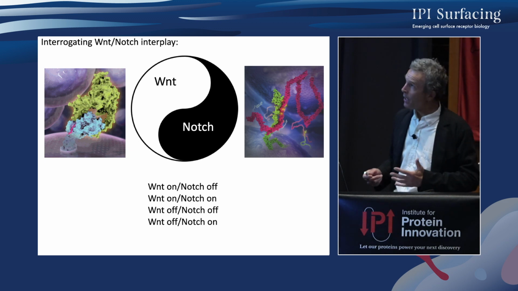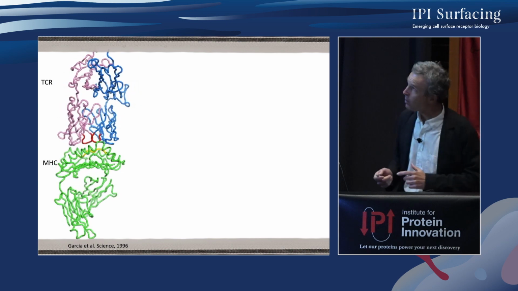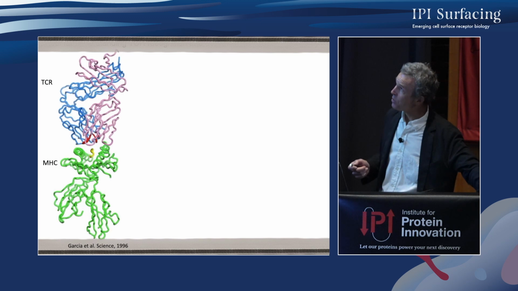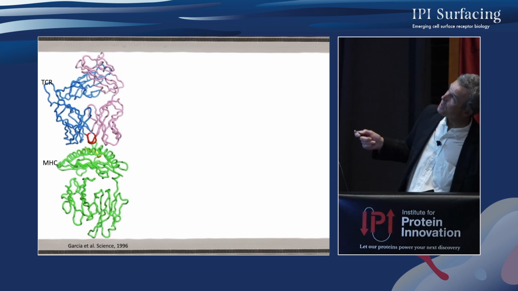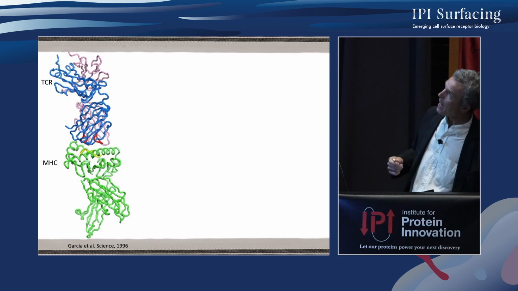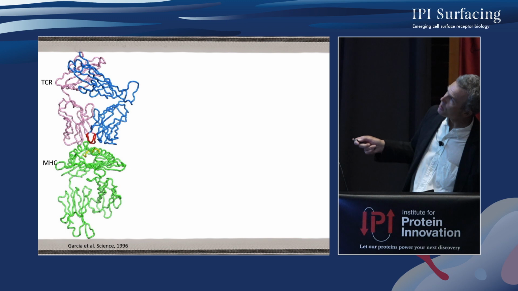Okay, I want to segue from here to the T cell receptor, which is a system I have a long-standing interest in. This is the structure of a T cell receptor recognizing a peptide MHC, and this interface is extremely interesting because it's got these variable loops in the T cell receptor.